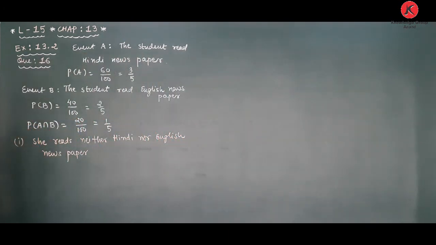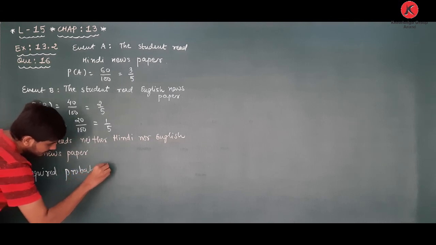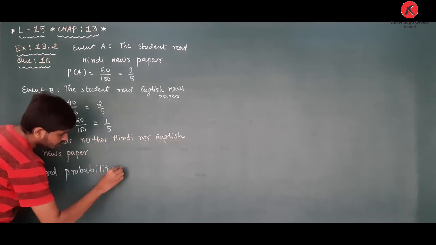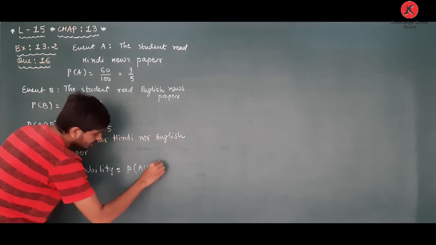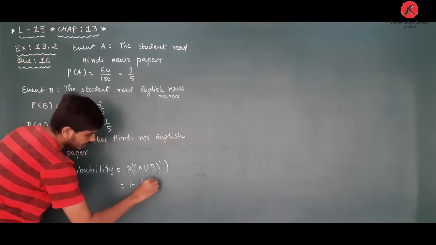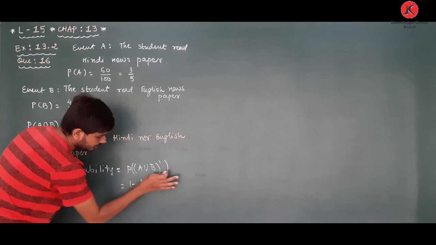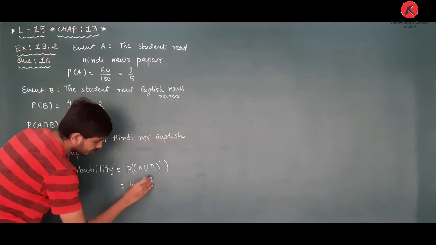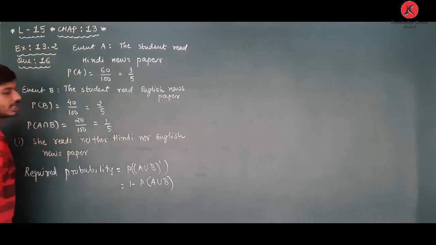We have done a few such questions earlier. So the required probability equals the probability of (A union B) whole dash, which can be calculated by 1 minus probability of A union B. And how can we calculate it?